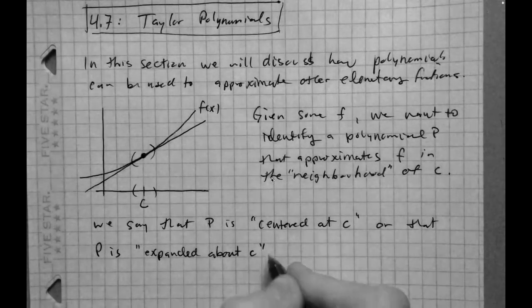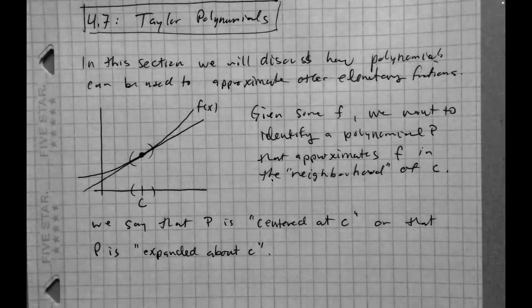Whatever c happens to be, if maybe it's 4, then p is centered at 4, or p is expanded about 4. Maybe c is 10,000, then p is centered at 10,000 or expanded about 10,000, whatever. That's just terminology, ways of describing where you're centering your polynomial, where you're centering your approximation.